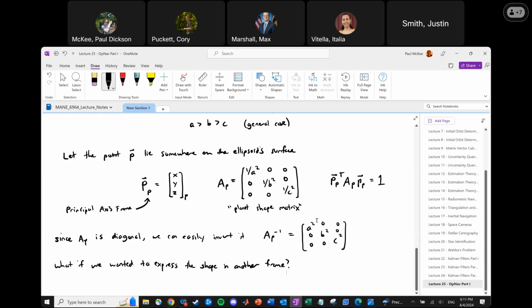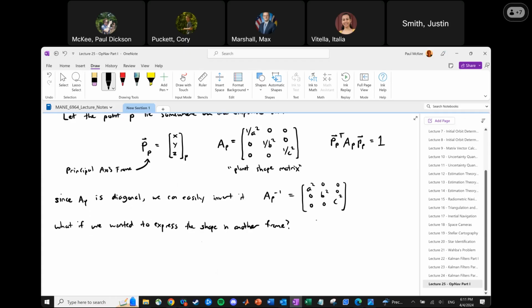Well, let's consider this. If P_P is really P_C, where C is the camera frame, the relationship between them is just going to be T from C to P, right? The attitude transformation matrix from the camera frame to the principal frame or the planet frame.